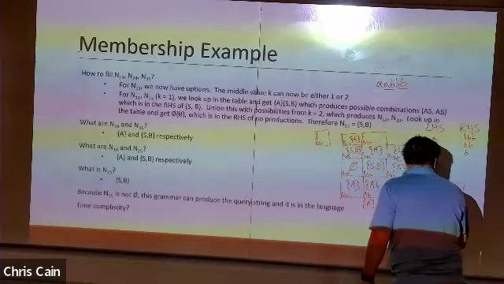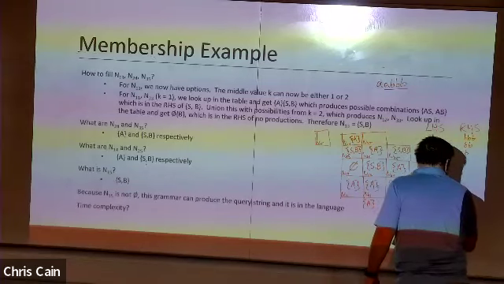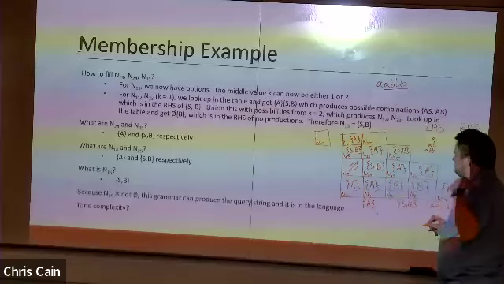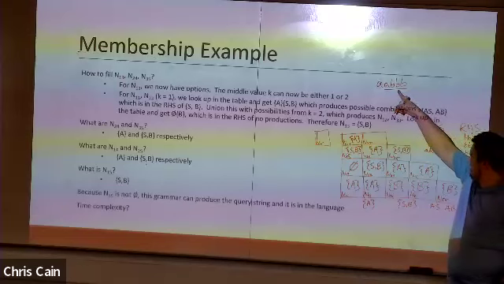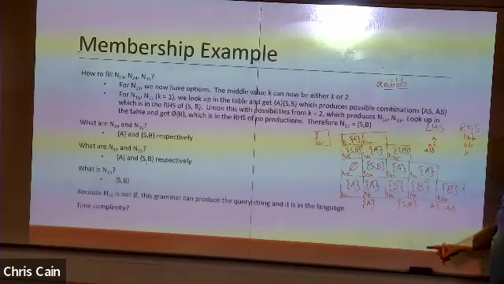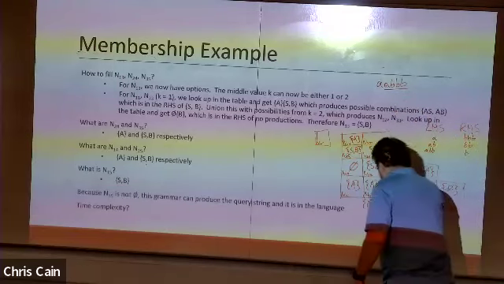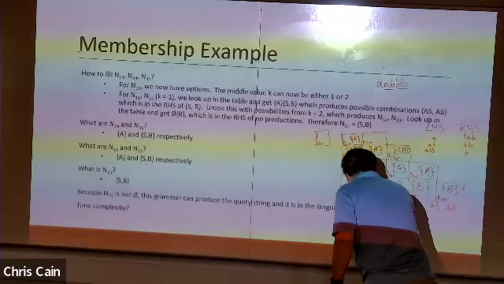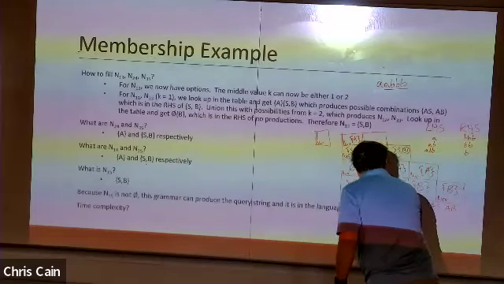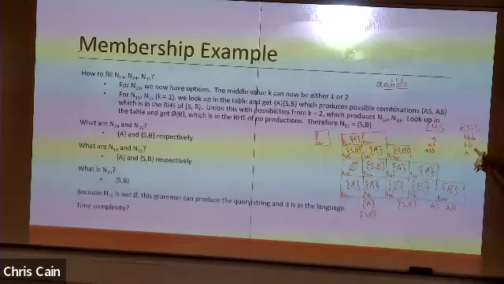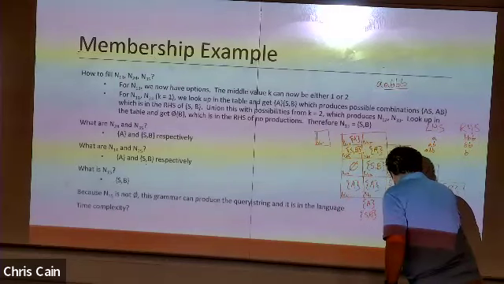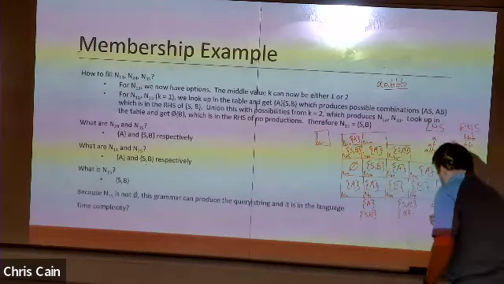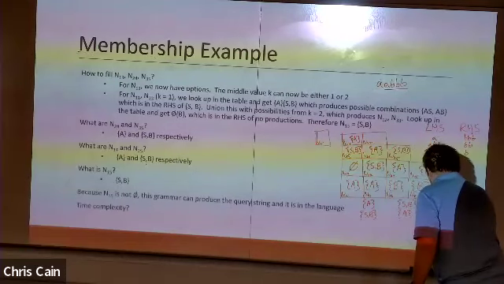Produce AS or AB, AB and BB. AB is what? 2, 3. Left-hand side of SB, a right-hand side of 4, 5. So this can produce SA or BA.